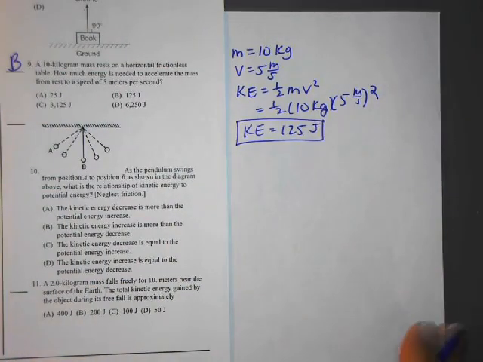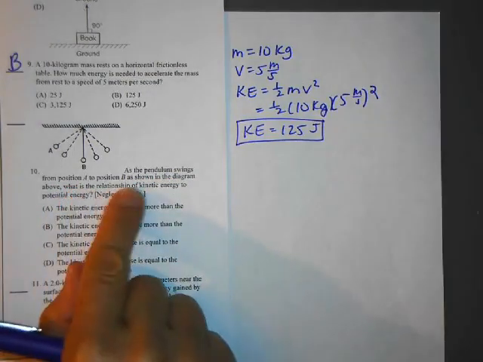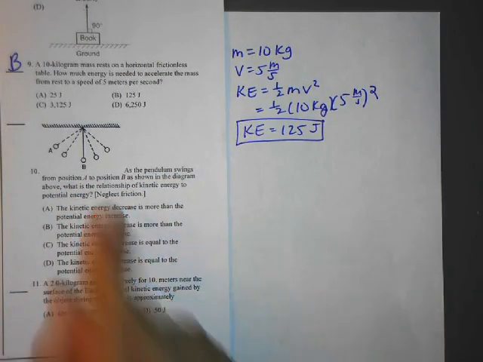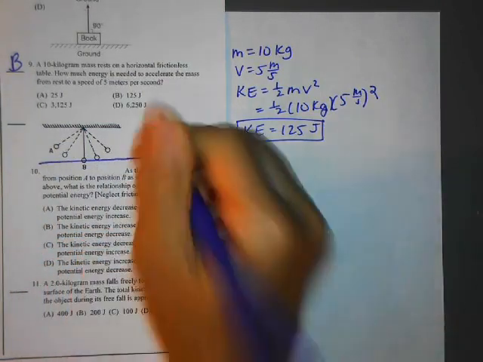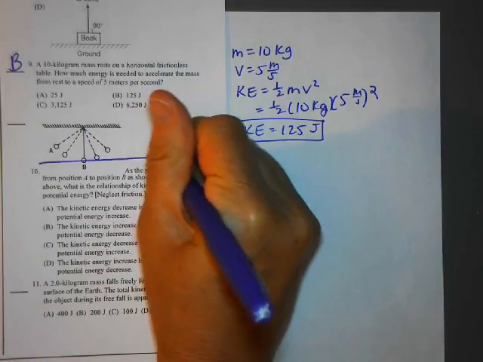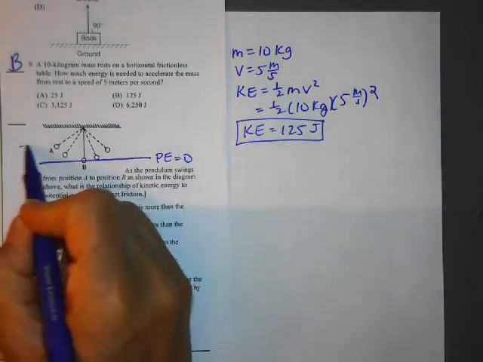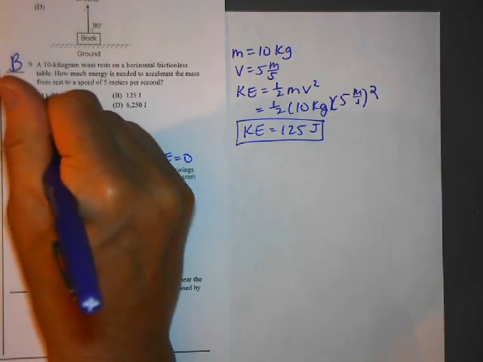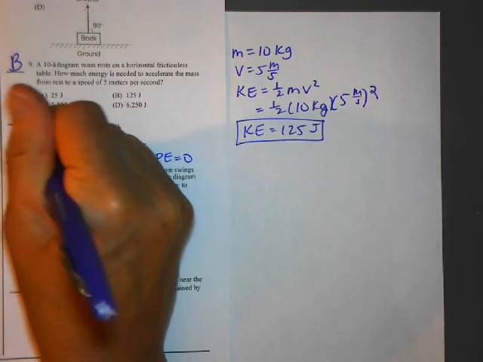All right, number 10. It says, as the pendulum swings from A to B, what is the relationship of kinetic to potential? Okay. So remember, at the bottom, this is our frame of reference. So this is where the gravitational potential energy is 0. And at the top, this is where the potential energy is a maximum and the kinetic energy is a minimum.